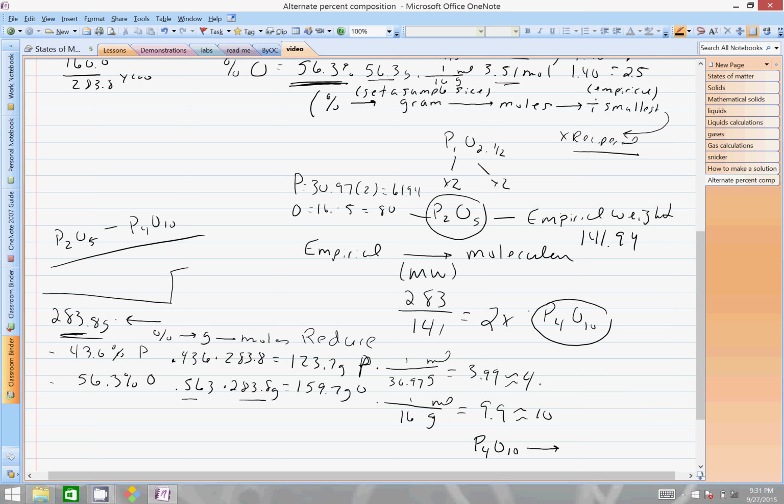This reduces down to 2 and 5, easy enough to do, just the lowest common multiple there. And my empirical is P2O5. This is another option of choosing another starting mass to get to your answer. So you're not always given this original mass, but if you are, sometimes it's helpful to use the molar mass instead. Thank you very much.